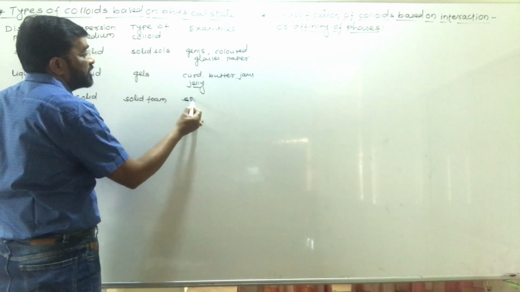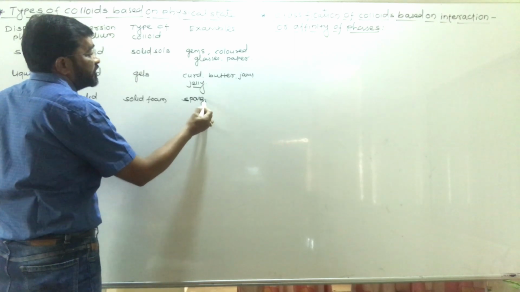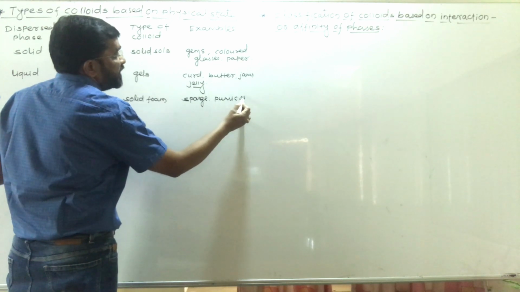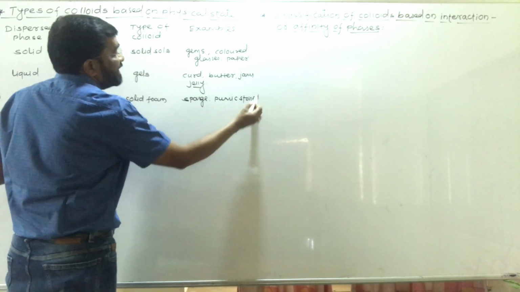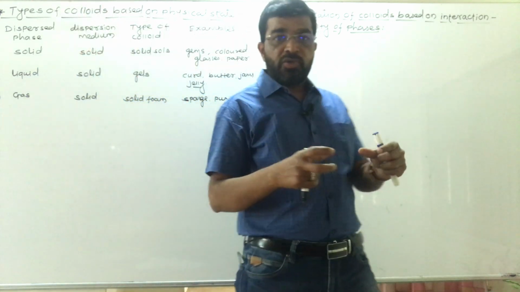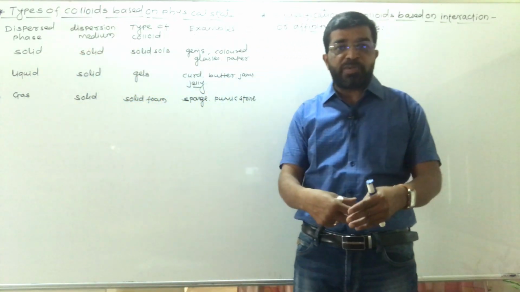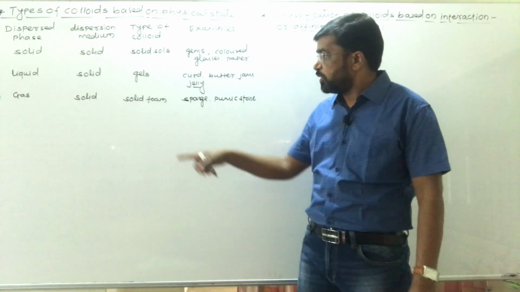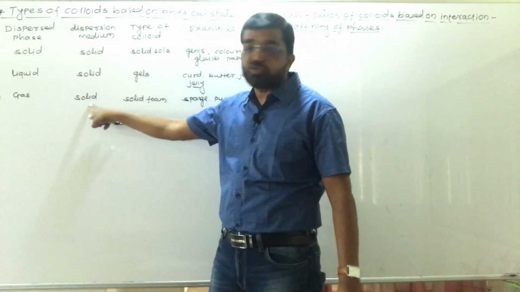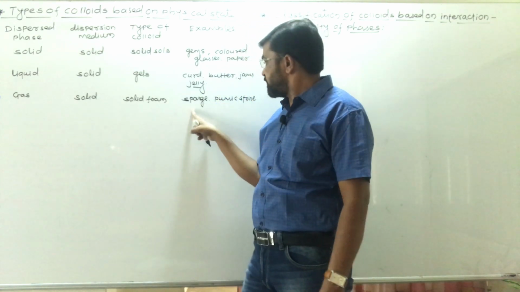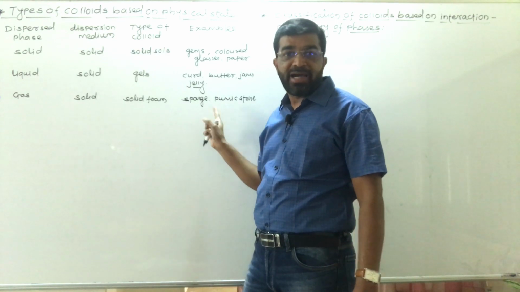Rubber sponge, then pumice stone are examples of this. Rubber sponge is porous. So if it is porous, what will be spread in it? Air. Air is spread in it. So gas is dispersed in solid. That is the solid foam. Foam, rubber sponge, pumice stone are examples.